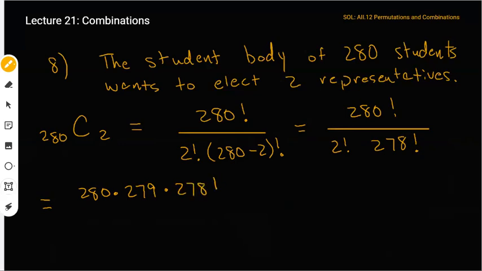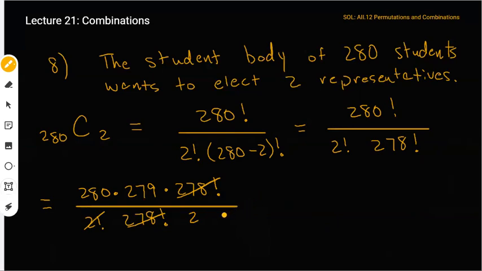And I'm going to stop right there. When you stop, make sure you put your factorial symbol down. So now the 278 factorial is going to cancel out on the top and the bottom. I've got 2 factorial, which is 2 times 1. That's going to give me 2. So I'm going to cross this out and replace it with a 2.